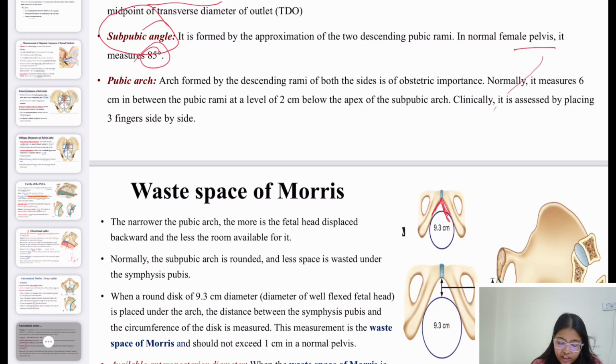And the pubic arch is formed by the descending rami of both sides, and it is of obstetric importance. Normally it measures 6 cm between the pubic rami at a level of 2 cm below the apex. You can assess it by placing your 3 fingers below the pubic arch.